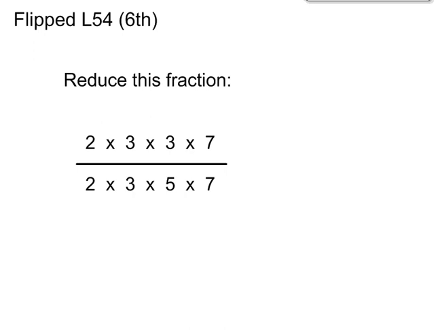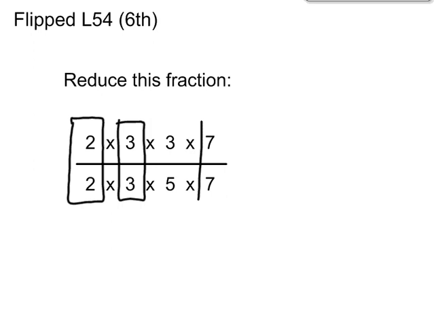Now, when we see something like this, we have the idea of reducing this fraction. In other words, we want to take out fractions that are equal to 1. For example, I can look at this idea right here. A 2 over a 2 is a fraction equal to 1. Just like I can look right here, the fraction 3 over 3, that's also equal to 1.